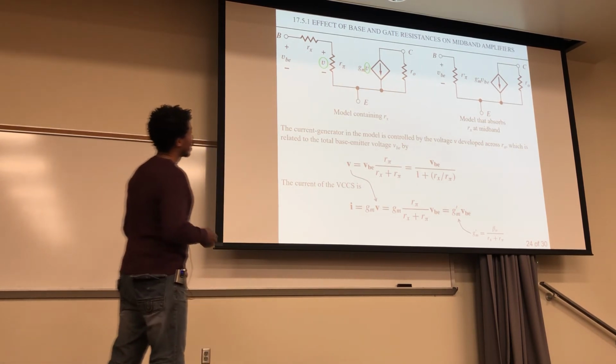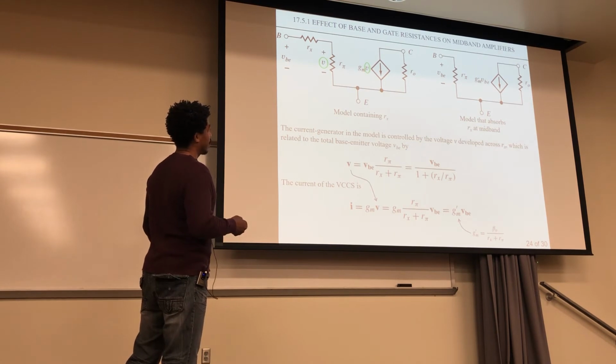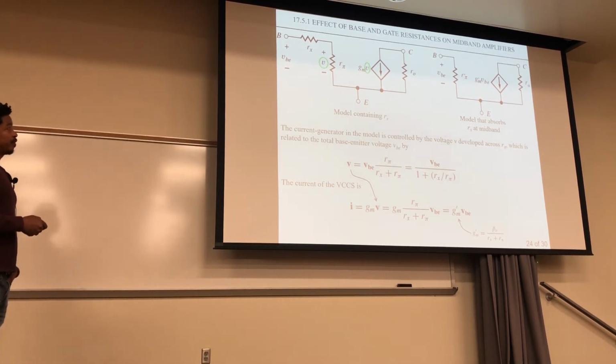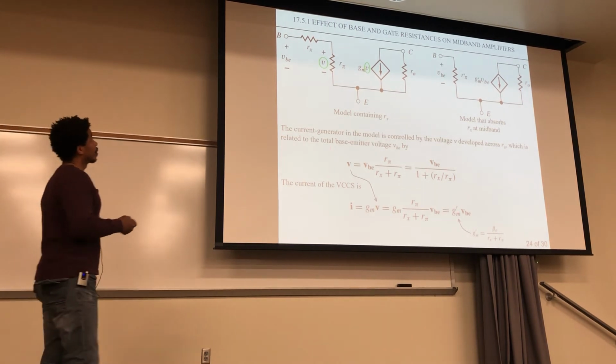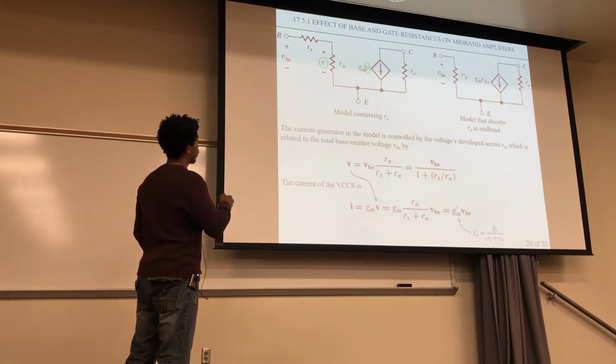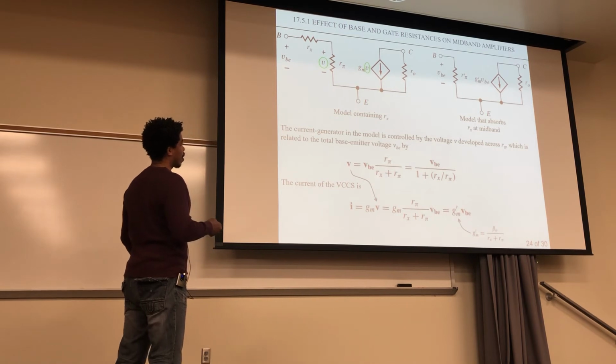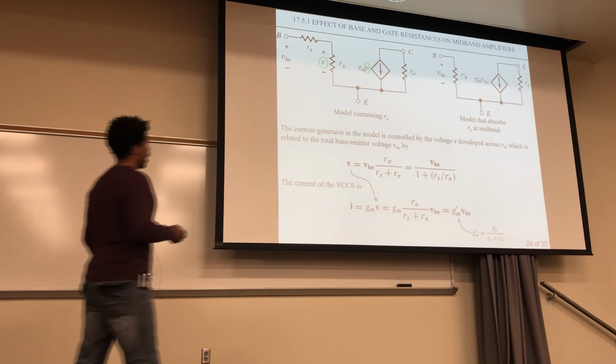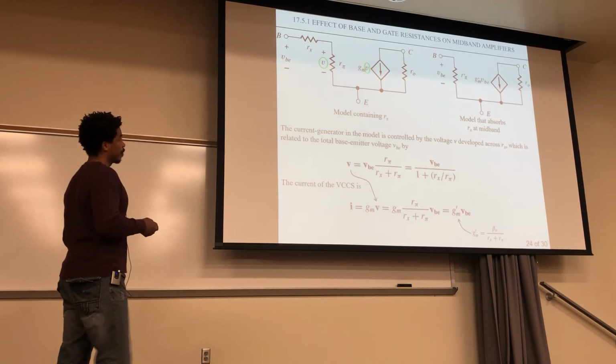So this voltage V is equal to VBE times R pi over Rx plus R pi. The current of the voltage-controlled current source is just the transconductance gm multiplied by this voltage. Plugging this in, we get this expression.